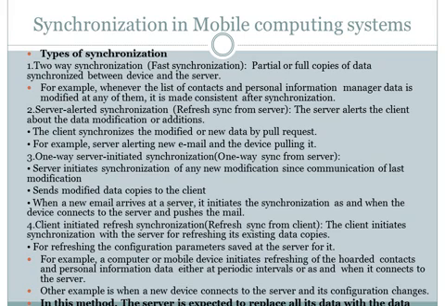And you can see whenever the server has a new email, it alerts the client and the client pulls the email from the server. Okay, that is server alerted synchronization.